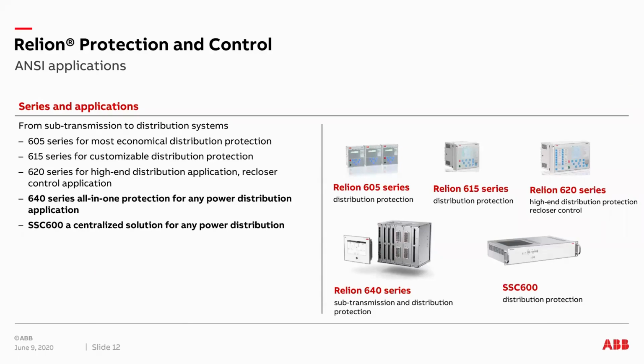What you see here is the Relion 605 series, which is the most compact protection and control device. Then we have the Relion 615 series, which has a lot of flexibility and functionality, and also the Relion 620 series. The 620 series is for high-end distribution application and has a recloser control application, and also Relion 640 and SSC 600. I have more slides on 640 and the SSC.